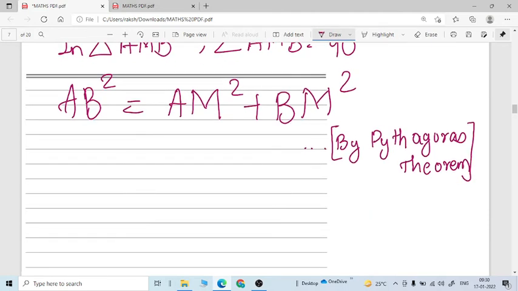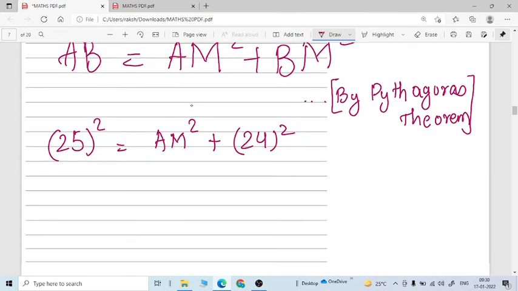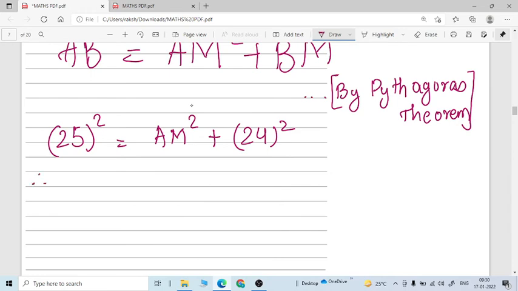So the value of AB is 25, squared. 25 square is equal to AM square plus 24 square. That is 625 equals AM square plus 576.